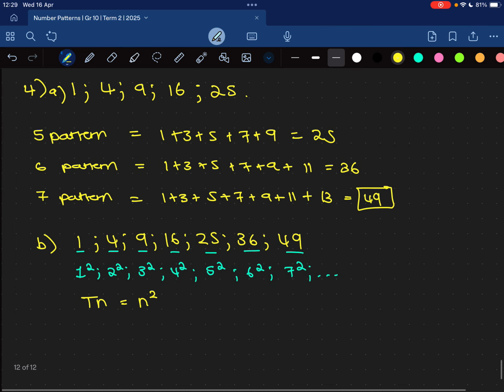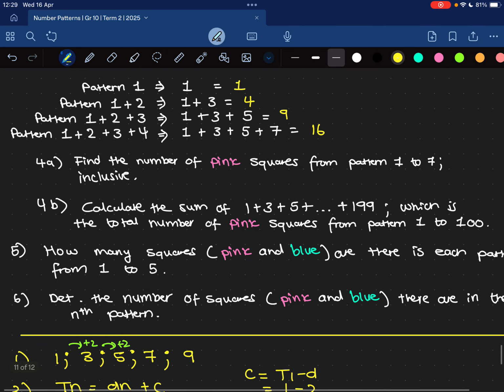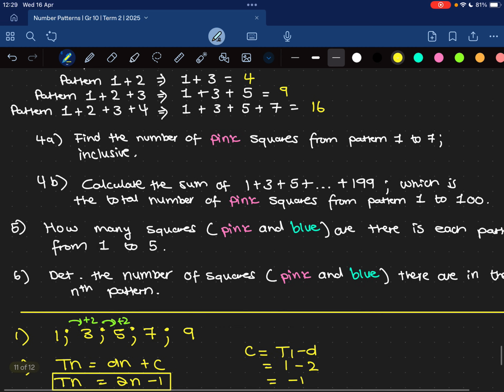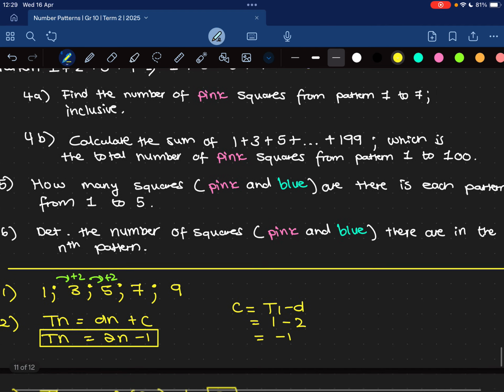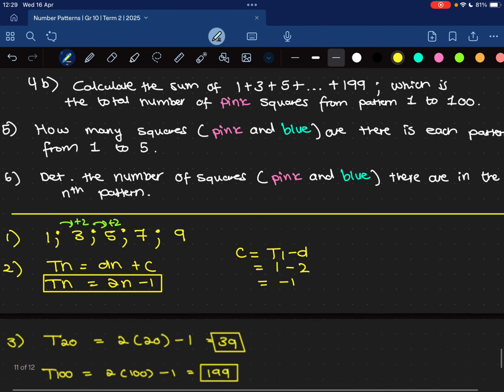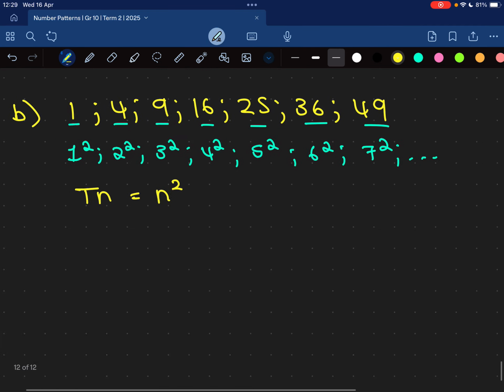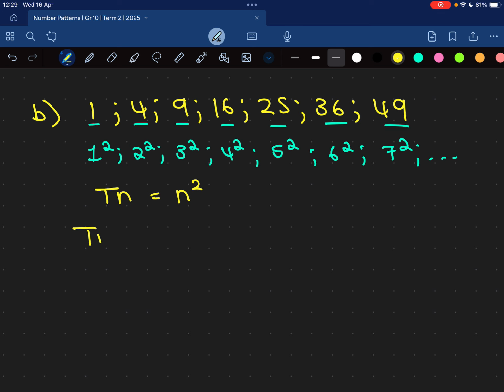So they said they want to know all the way up until 199, which is technically the total number of squares from pattern 1 to pattern 100. So that means all we're doing is taking 100 squared, which is going to be equal to 10,000.